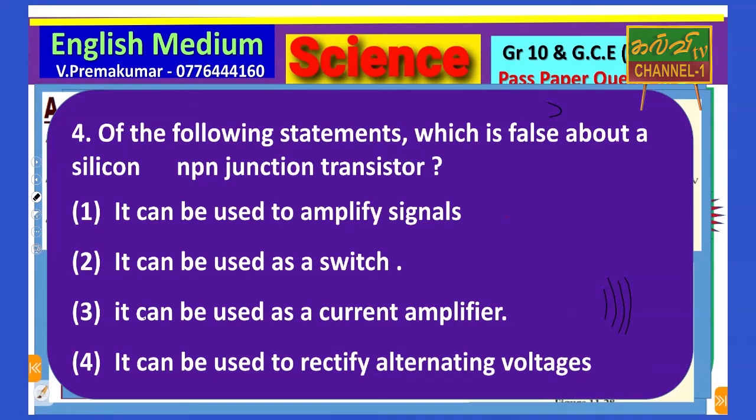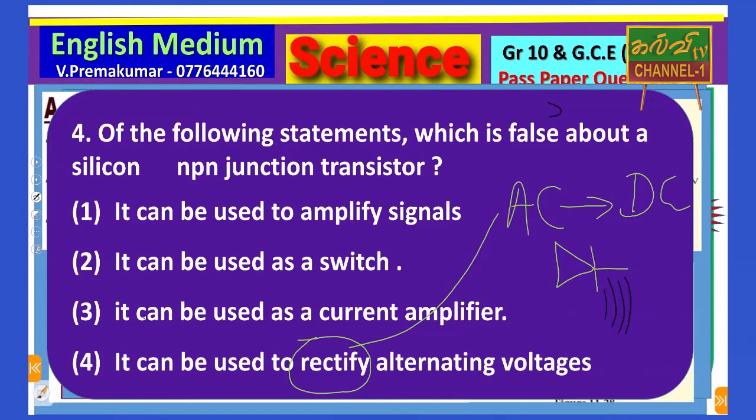Rectifier means AC current, alternating current, can be changed to direct current. Mostly we use diodes for that. The symbol of a diode is this. But here they have mentioned the transistor.